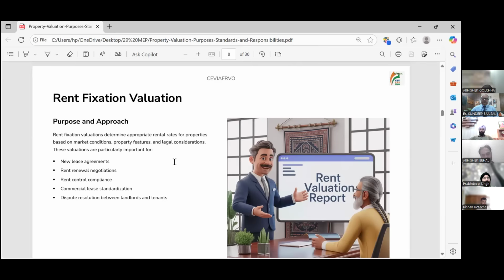Your purpose may be new lease agreements, rent renewal negotiation, rent control compliance, that is standard rent calculation, commercial lease standardization, and dispute resolution between landlord and tenants. You may have to do valuation for rent fixation in the following cases, and there are many others which may not be given here.